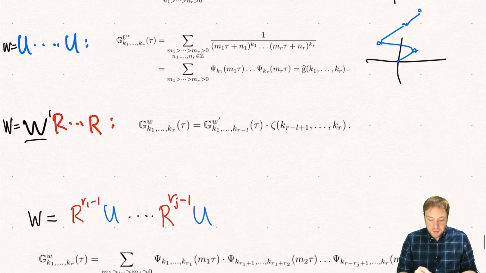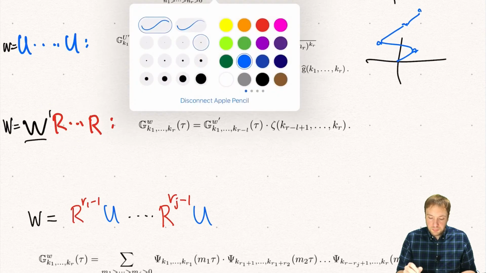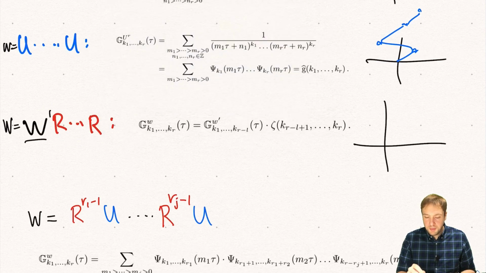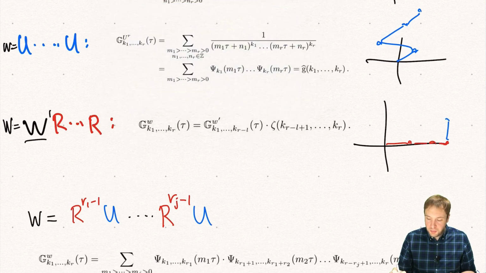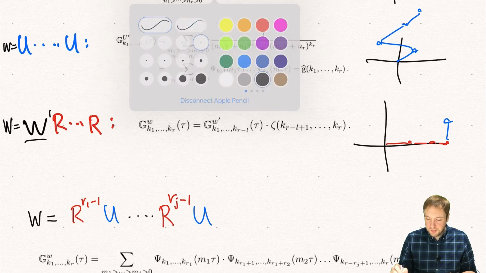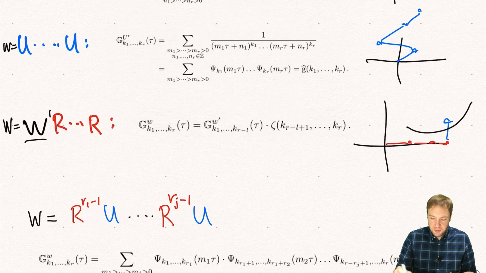And if a word ends in r, this means the last lattice points are on the real axis, and then at some point there's a u, and so from here there's some rest, which I denote by w prime.